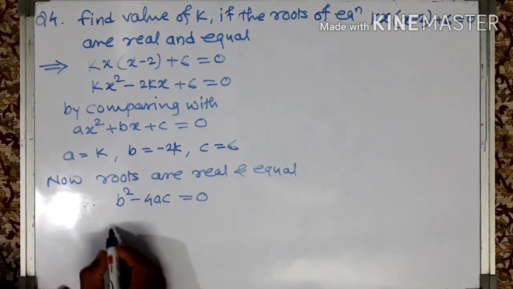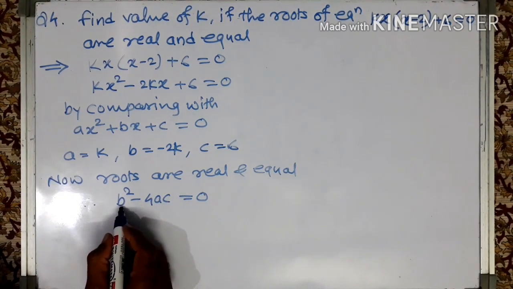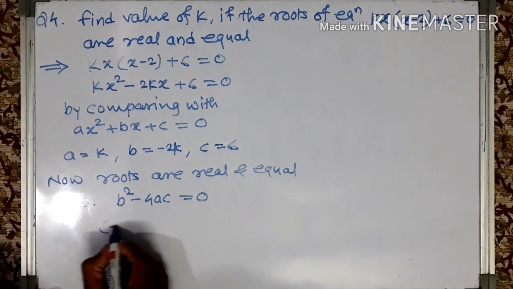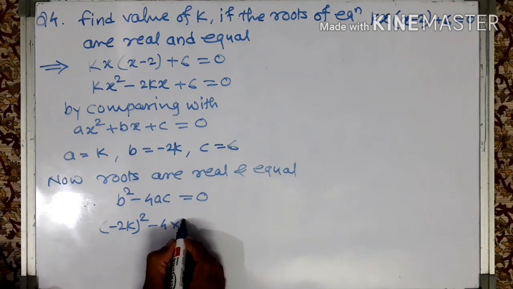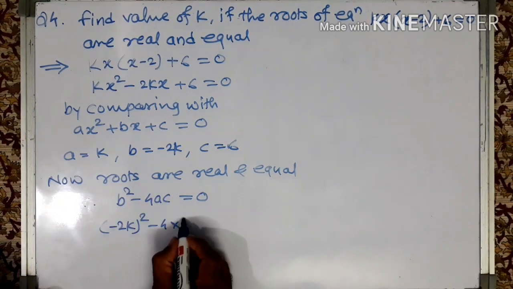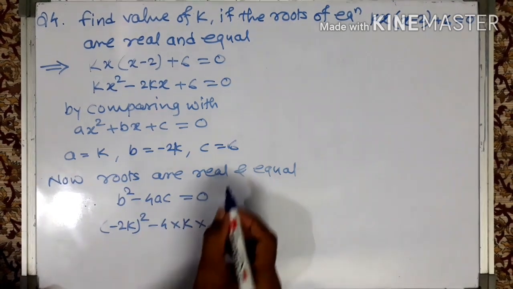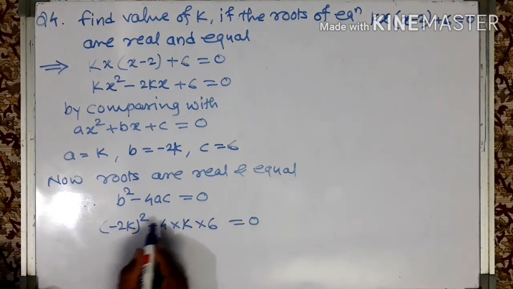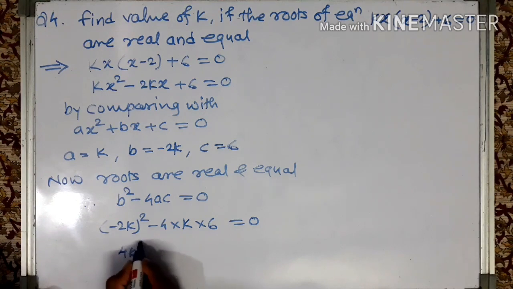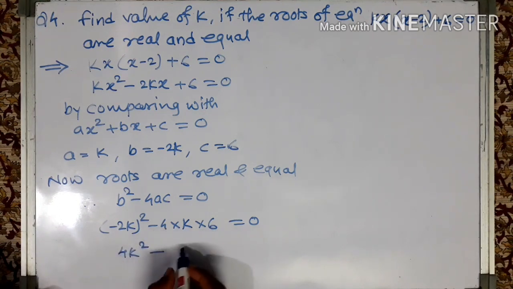So by putting value of b, minus 2k bracket square minus 4 into value of a, which is k, into value of c, 6, equals 0. Negative 2k square is positive 4k square, minus 6 4s are 24k equals 0.